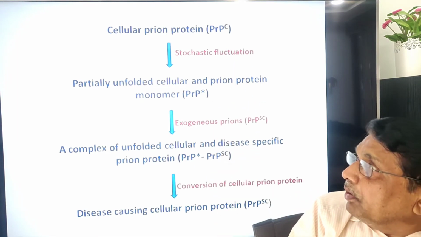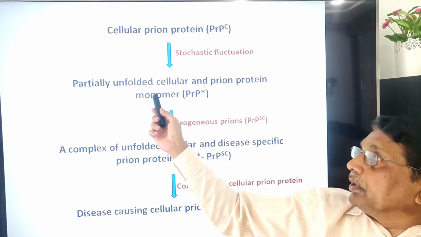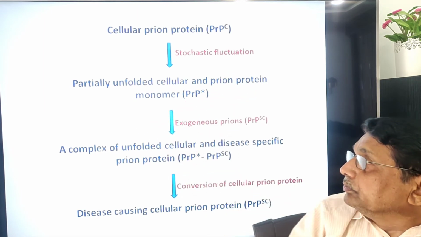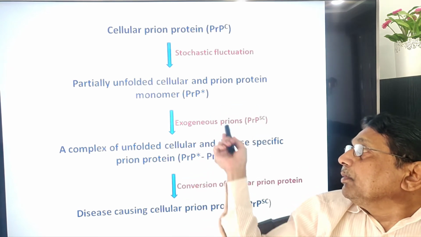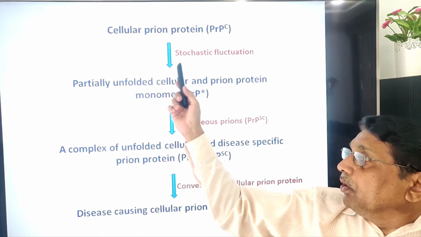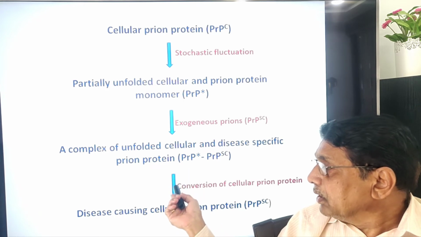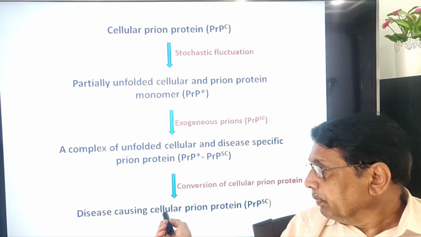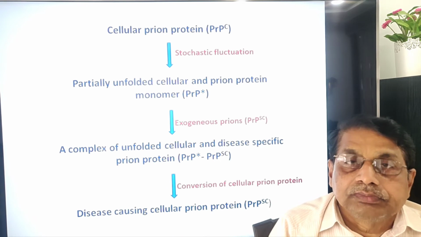When a normal, partially unfolded cellular prion protein monomer PrP comes in contact with the PrPSc, the normal protein also becomes PrPSc. A complex will be formed. Then the normal protein will be converted to PrPSc.